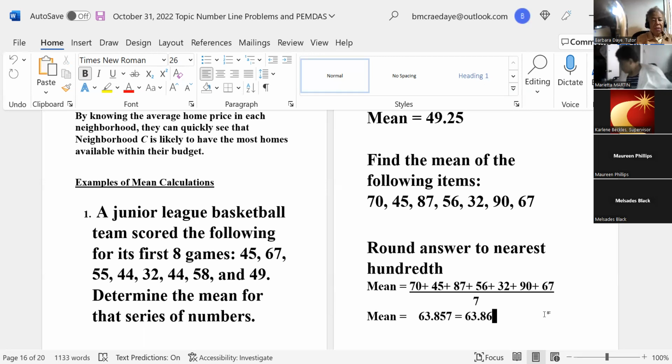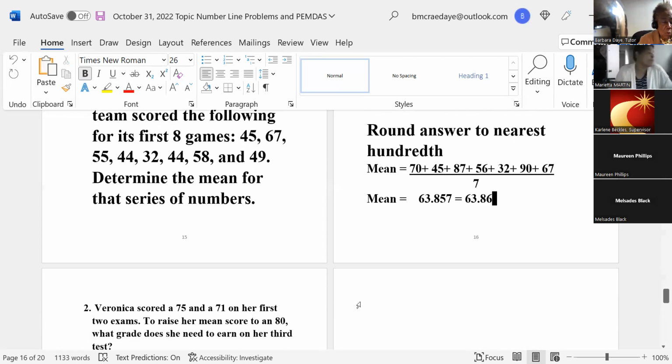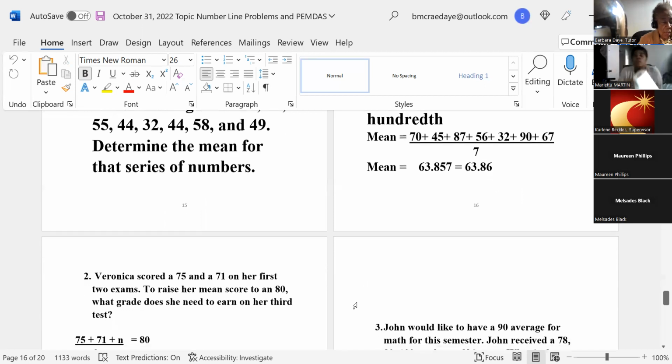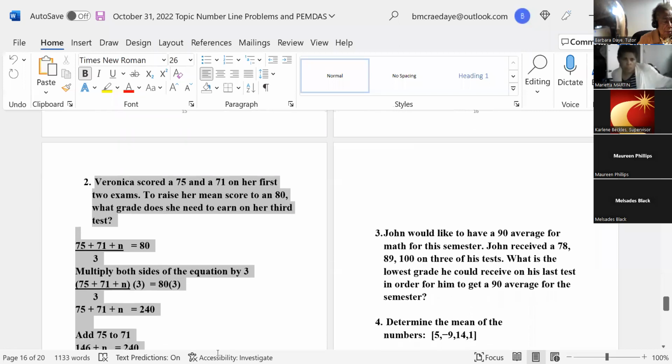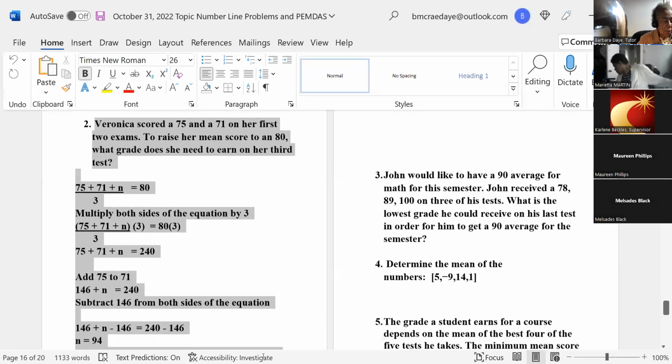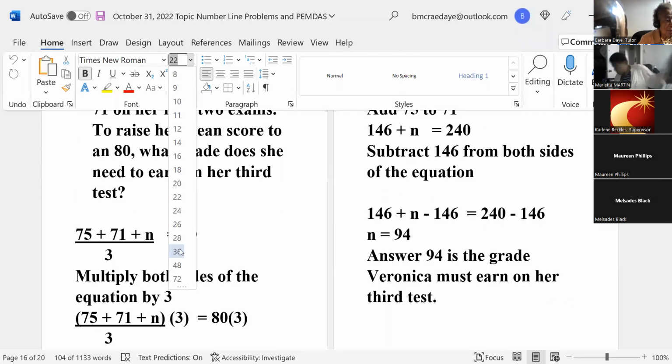Another thing about mean is you may be asked to find what number will give you a certain mean. This is number 2, another type of problem. Let me make that bigger so everybody can see it.